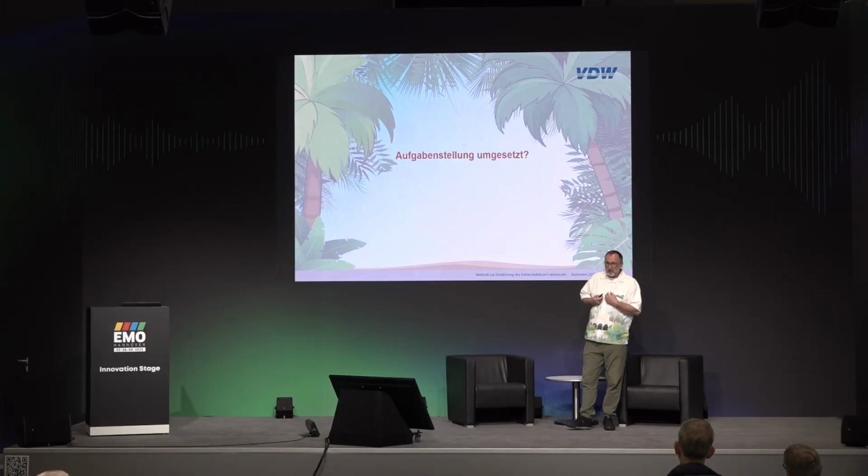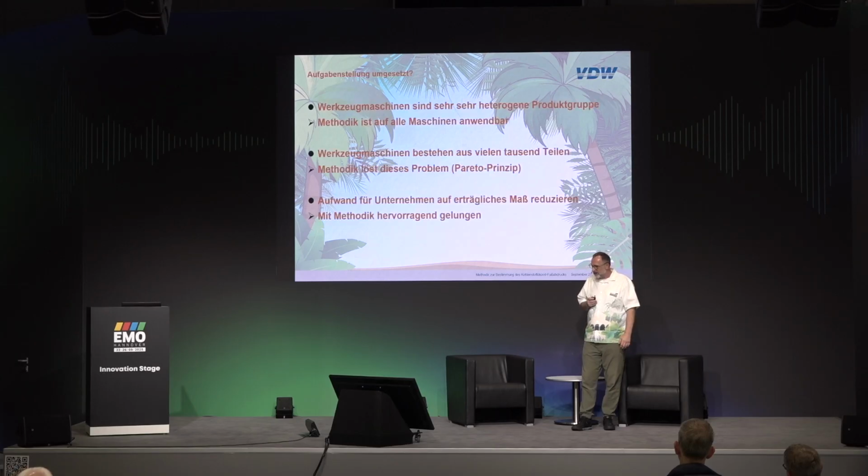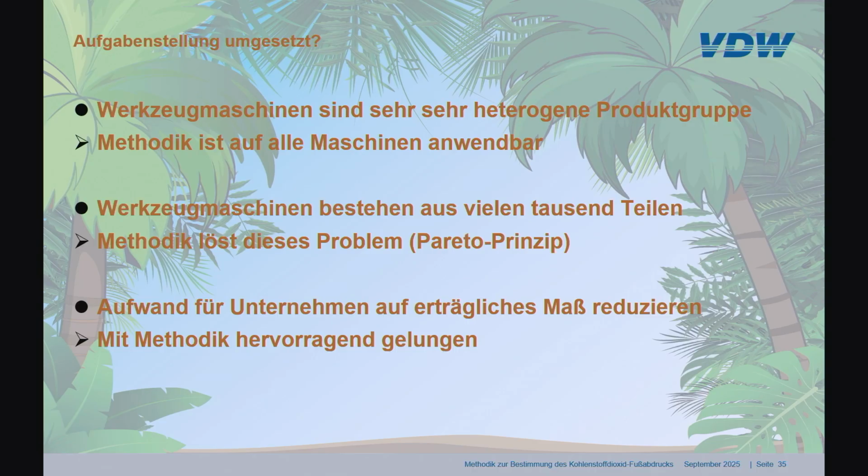So the question is, did we, the association, solve the task that we established for determining this method? And I will claim, yes. Machine tools are a very heterogeneous product group, but nevertheless we were able to develop a method that can be used for all machines, no matter what the technology, the size, or the material that is worked on.